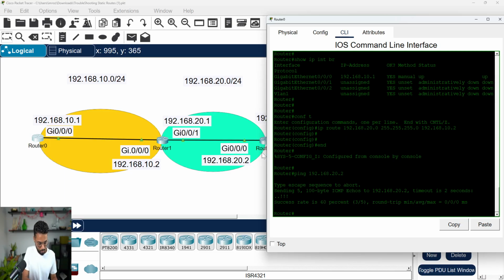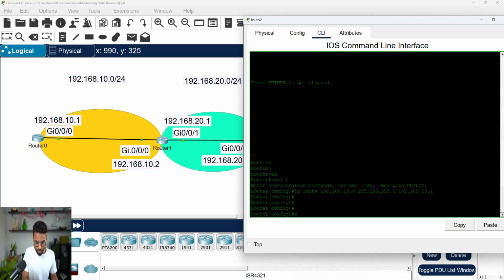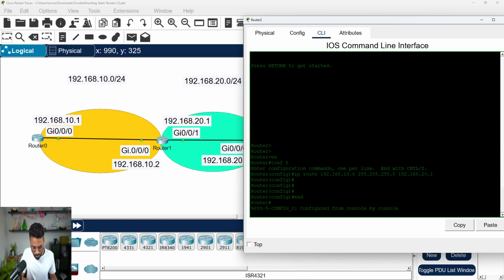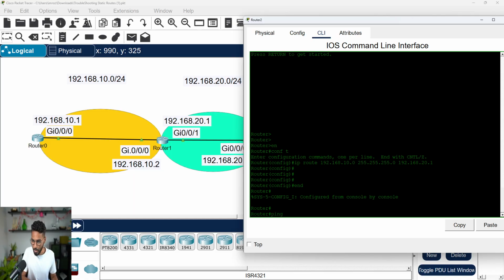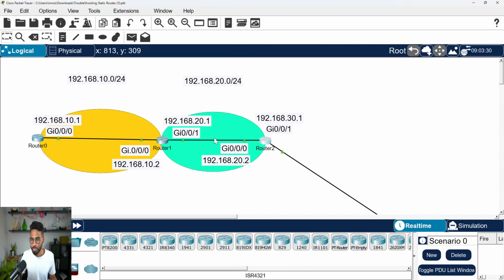That is successful. Let's do it again from this one. Run the command end, that will take us to privileged access mode, and running the command ping 192.168.10.1. That is successful. So this is pretty easy if you're doing it between 3 routers.